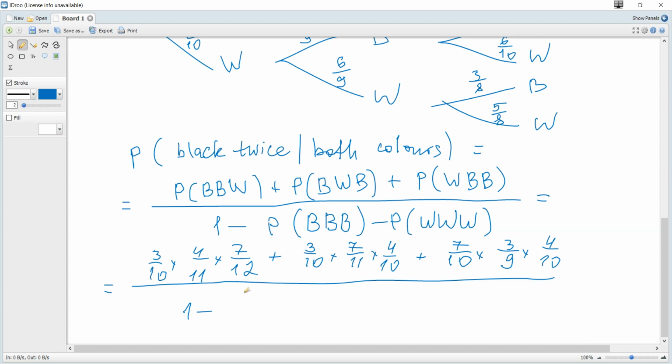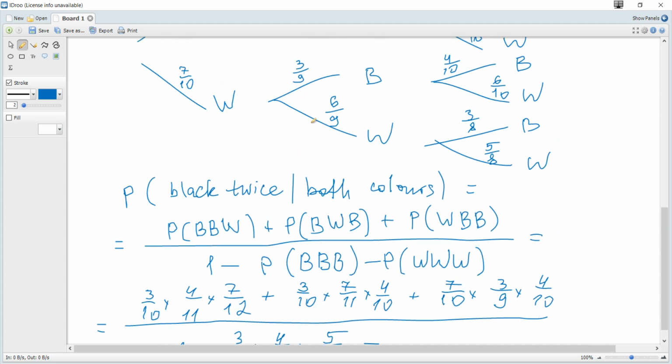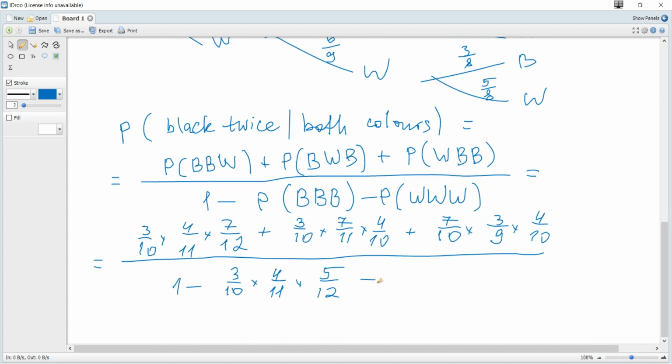It's 3 over 10 times 4 over 11 times 5 over 12, and minus white, white, white, which is 7 over 10 times 6 over 9 times 5 over 8.